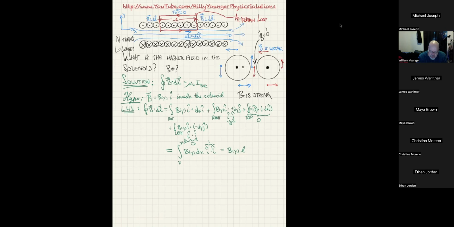Yeah. Okay. All right. Now let's do the right-hand side. So right-hand side is mu 0 I enclosed. Well, we know the current carrying wire is carrying a current I, even though I didn't state it.